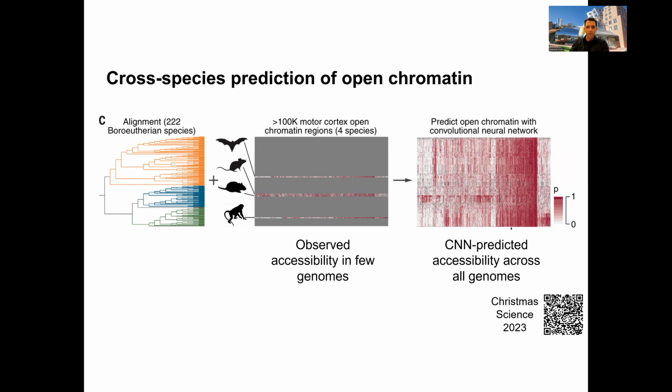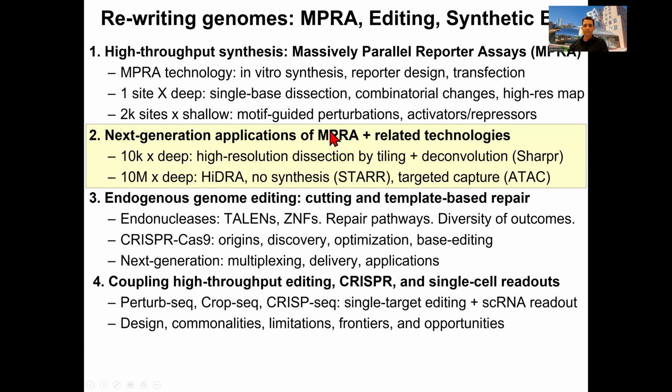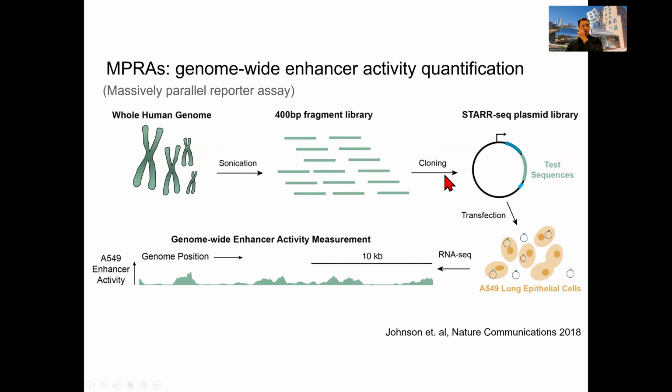And I mentioned before these massively parallel reporter assays. So let's dive into them for a second. You can measure not just one region at a time, but hundreds of regions at a time. How?